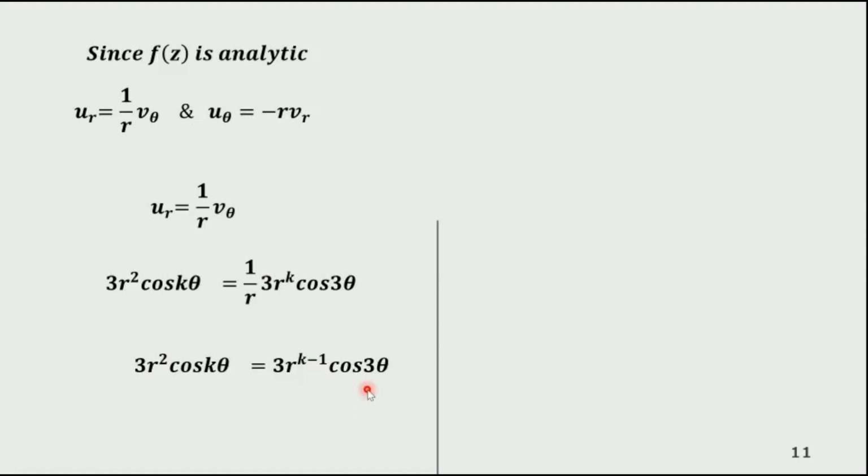If I compare both sides, k minus 1 will become 2. So k is equal to 3 from here, or from k minus 1 is equal to 2, k is equal to 3. We also get it directly, because here it is cos k theta and here it is cos 3 theta. So the value of k is equal to 3. If k is equal to 3, then the function will become an analytic function.